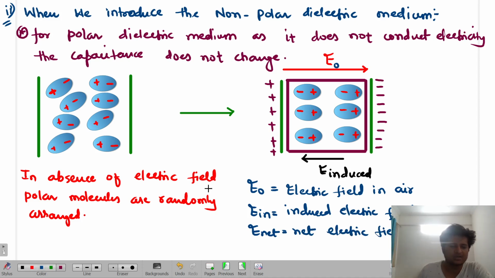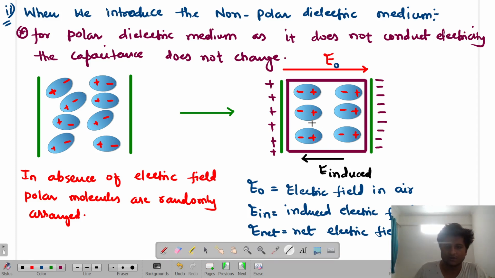And you know that due to polarization, some charges are developed over here, and due to that, only some electric field is getting developed, isn't it? So the net electric field will still be in which direction? It will be in the direction of the external electric field. Are you able to get me? So this is my E net.